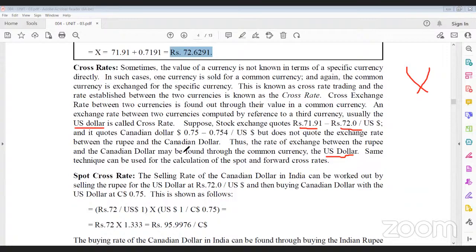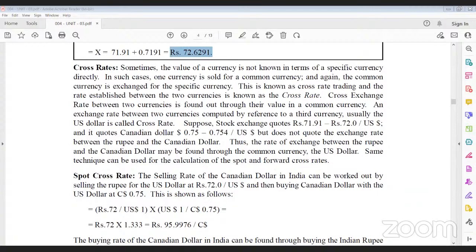In order to calculate this, the spot cross rate is calculated, wherein the selling rate of the Canadian dollar in India can be: selling rupees for US dollars at rupees 72, and then buying Canadian dollars with US dollars at 0.75 Canadian dollar.